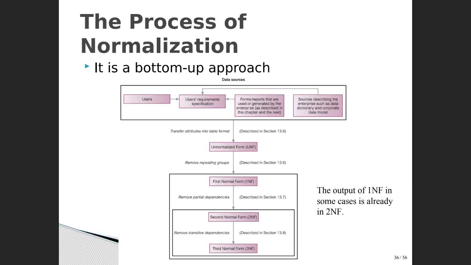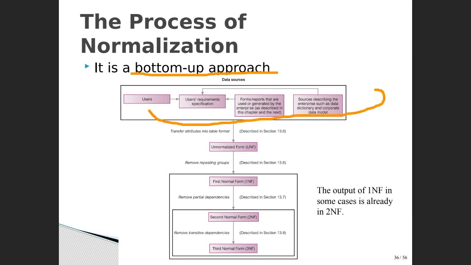Okay, so let's talk about normalization as a bottom-up approach. Why bottom-up? Because we are not starting with the main relations, we are starting with its elements, with its characteristics. We start identifying the attributes, the functional dependencies among attributes, the primary key, then we come out with the relation. All right, so we start with the user requirements as a first stage.